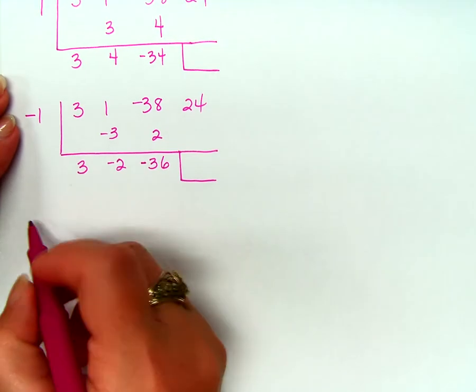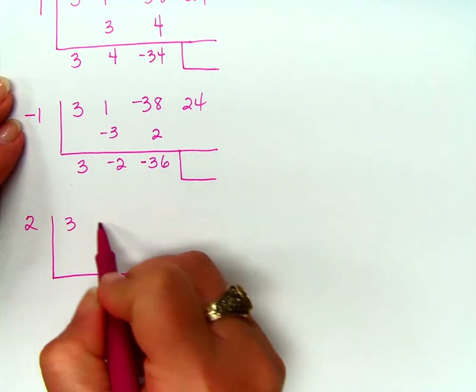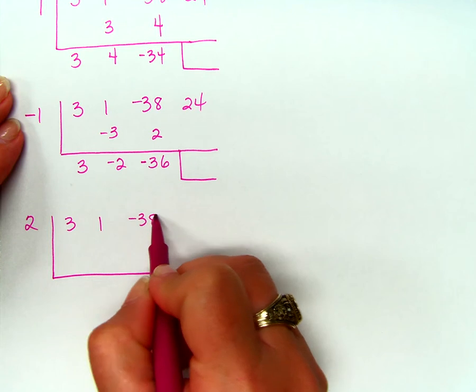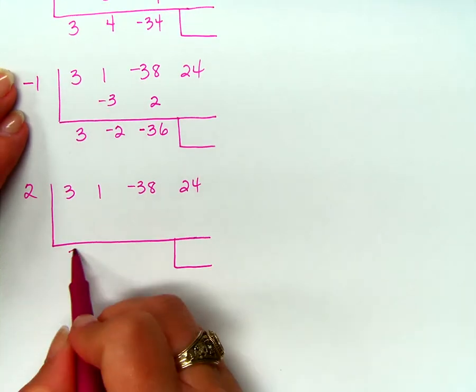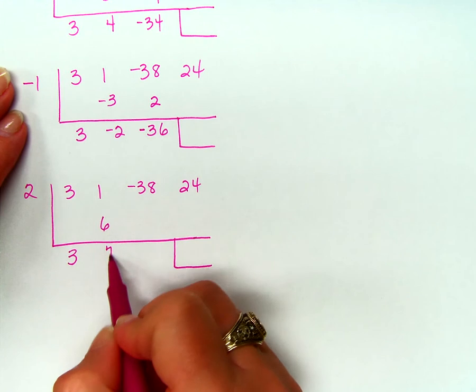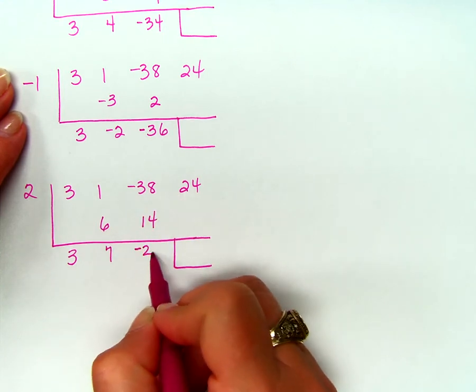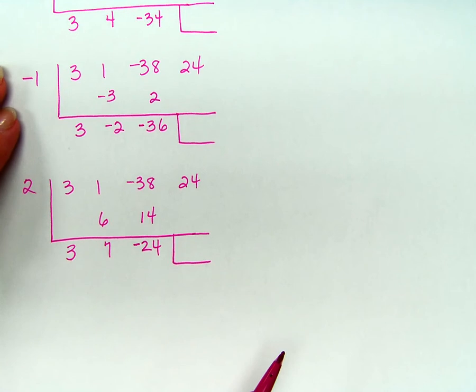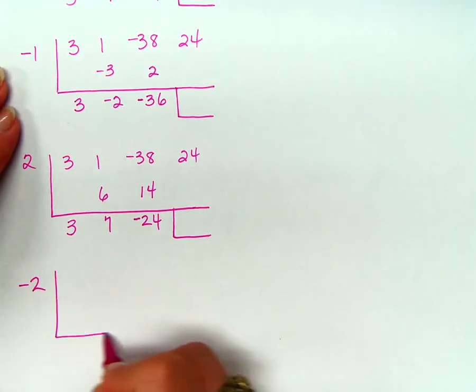Okay. 2. 3, 1, negative 38, 24. 3, 6, 7, 14, negative 24. Dang. Negative 2.